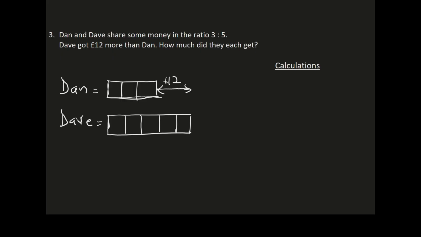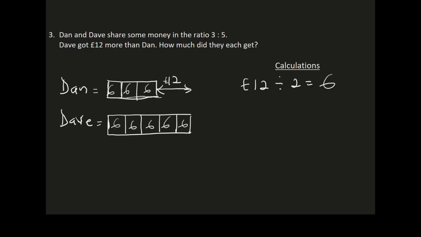So doing our calculation, we have £12 divided by 2, which gives us 6. That means each part is 6.